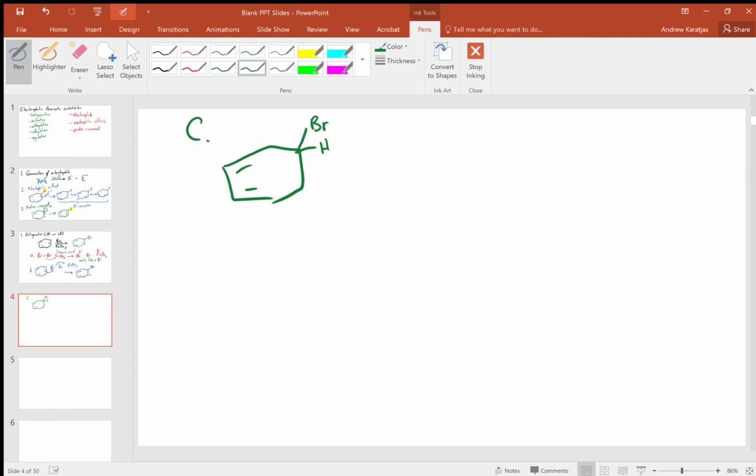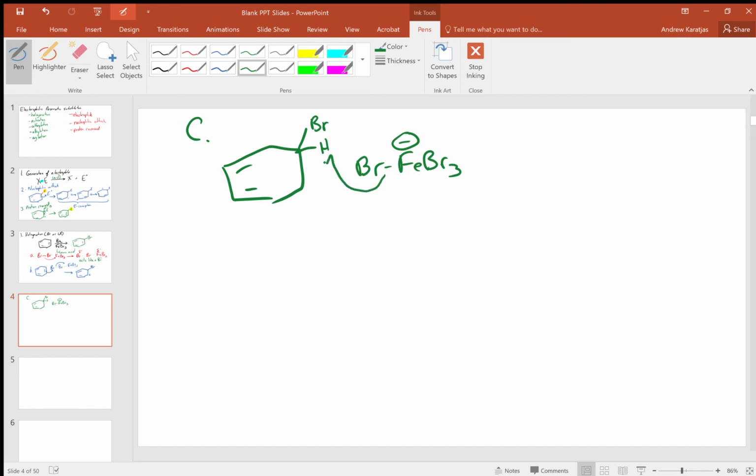Well, because this step is so favorable, it's regaining aromaticity, we don't need a strong base. And so that iron bromide, which became FeBr4-, that negative charge is sufficient to function as the base here.